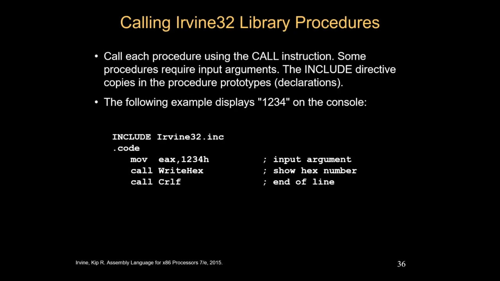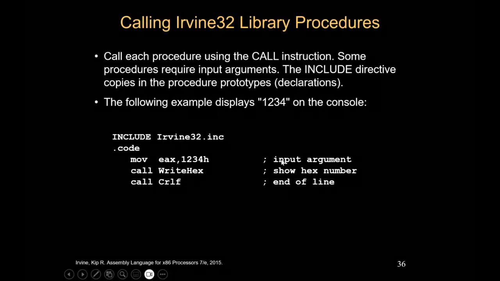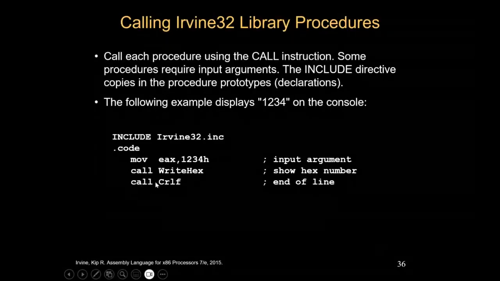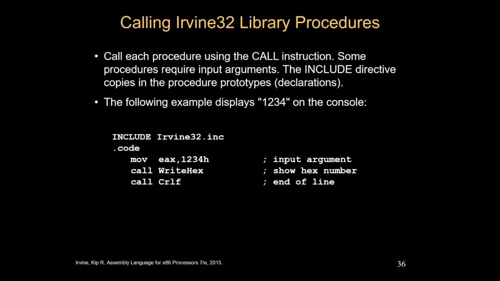In the following example, you can see that we want to display 1234. The input is 1234 hexadecimal, and hence to show the number we say call WriteHex. When you say call WriteHex, it will show you the hexadecimal number. And then when you say call Crlf, you're saying I want the end line.